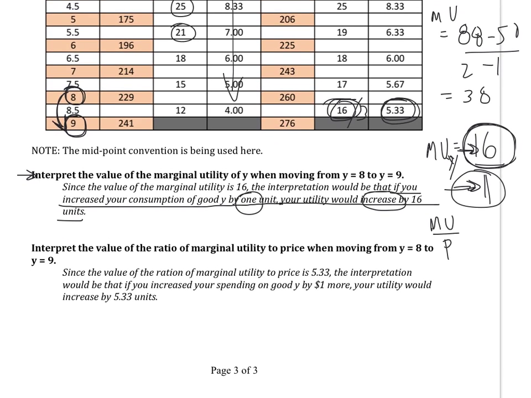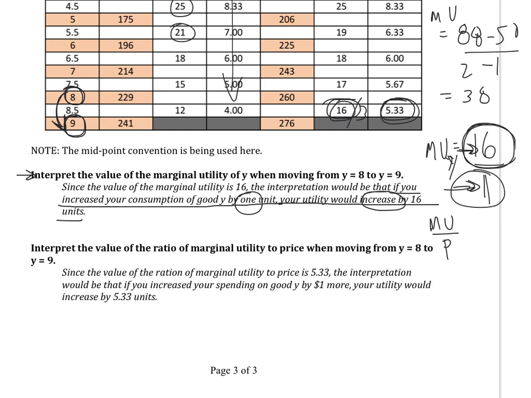Okay, so the question is, if that value is 5.33, the ratio of marginal utility to price, how do we interpret that? I'll just read through the answer here. Since the value of the ratio of marginal utility to price is 5.33, I'm just restating the question essentially.